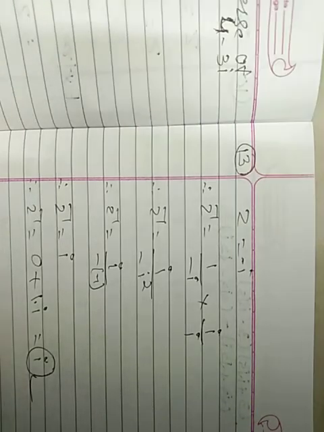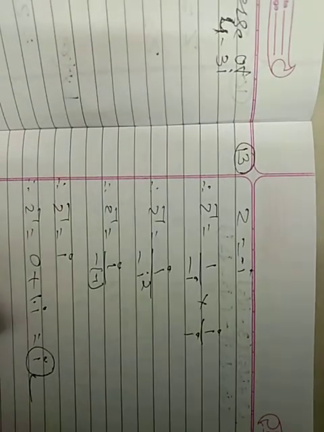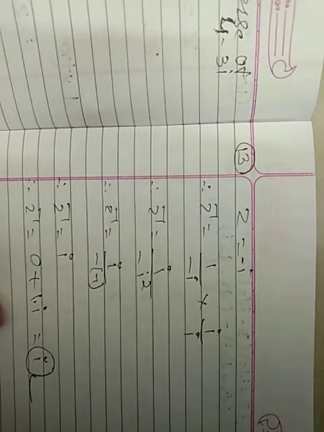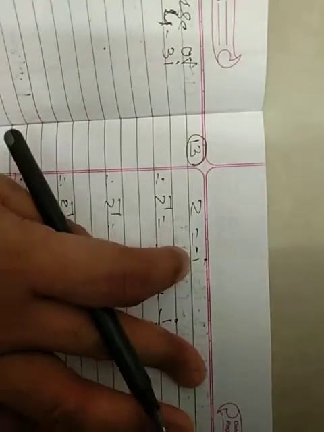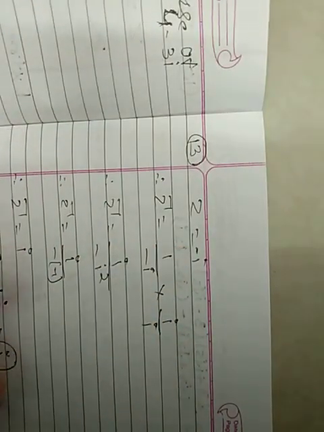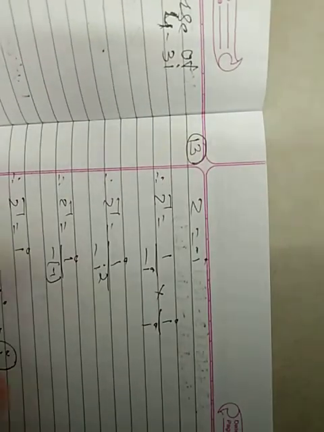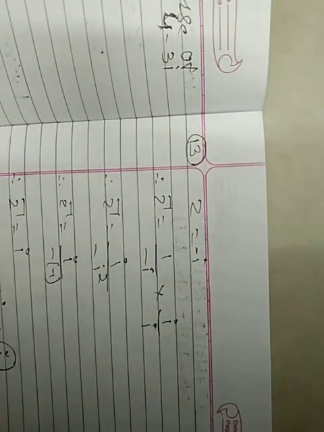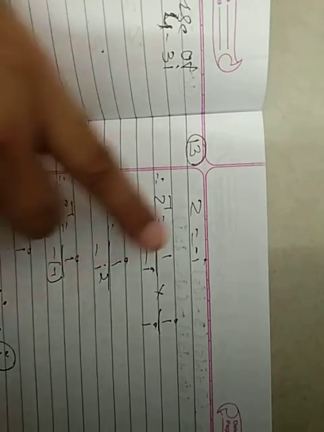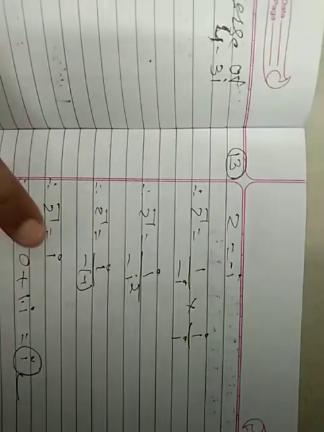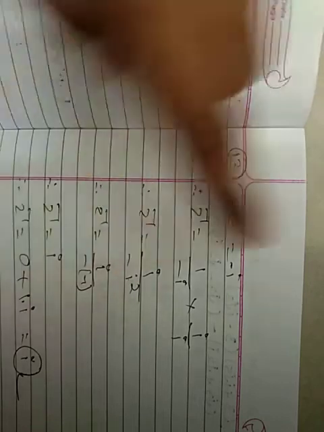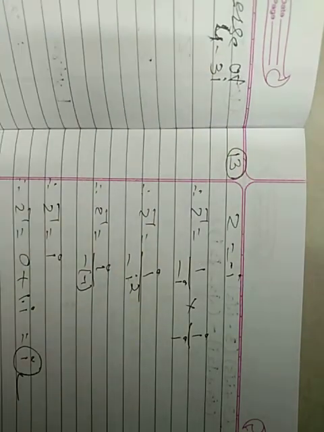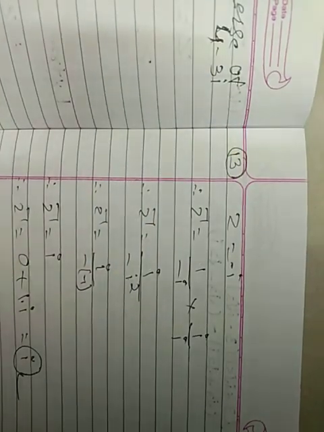Directly i. That means the multiplicative inverse of minus i equal to i, and the multiplicative inverse of i is minus i. These both are reciprocal to each other. Reciprocal of i is minus i, and reciprocal of minus i is i. Very simple and easy sum.